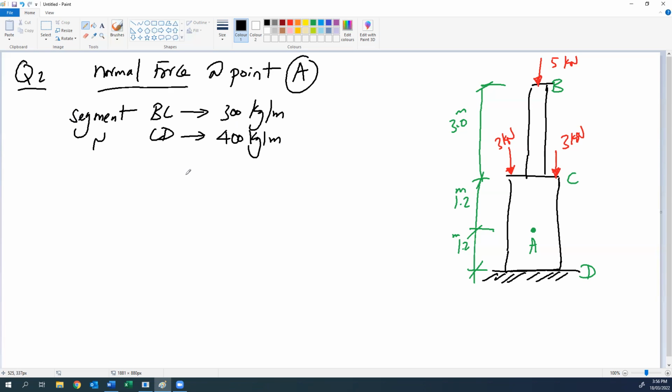Okay. So these are the forces we have, and our cross section will be somewhere here at A. So we need to calculate the normal force only at A. The normal force, again, as we said in the last example, we give it the symbol N, and the normal force is the force perpendicular to our section. So what are the forces causing normal force at A? If you have any answer for that.